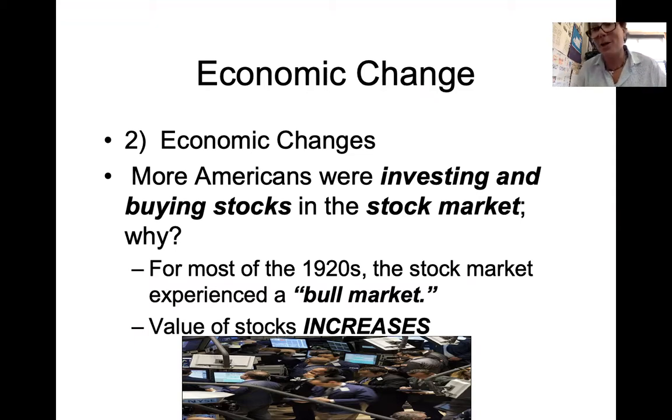Once you're done writing this brief reflection, when is the best optimal time to buy stocks? When the market is increasing in value, that's a bull market, or when the market is decreasing in value, that's a bear market. In my next Zoomcast, I'm going to share a video clip with you on the stock market, talking about the Roaring Twenties and how some of the decisions that Americans were making in terms of investing in the stock market will ultimately help contribute to one of the worst economic crises in American history.